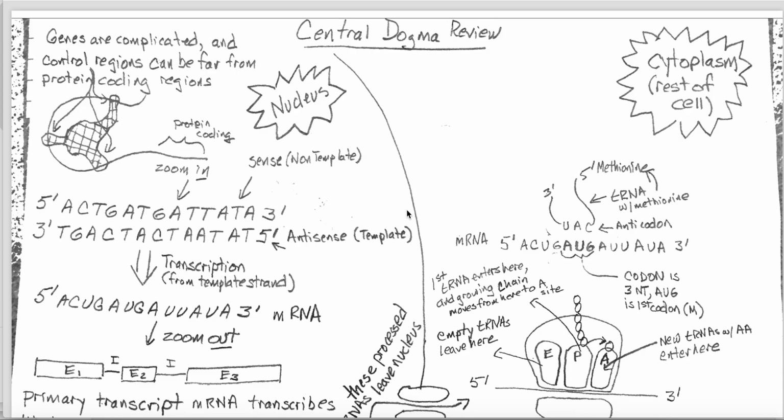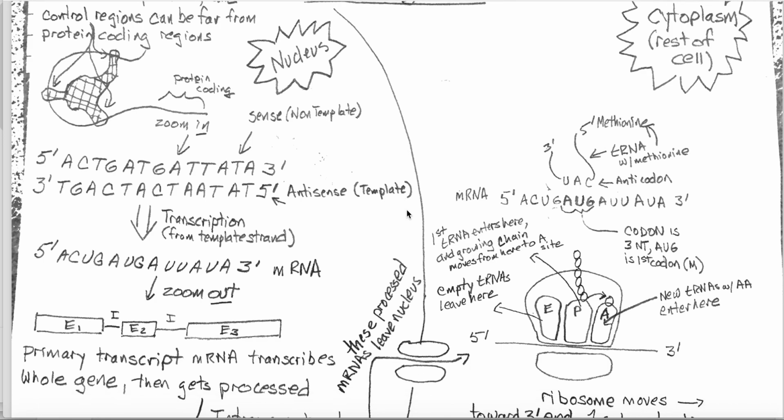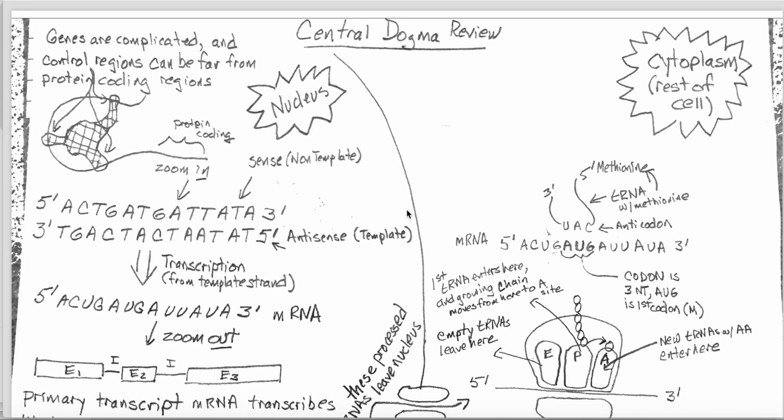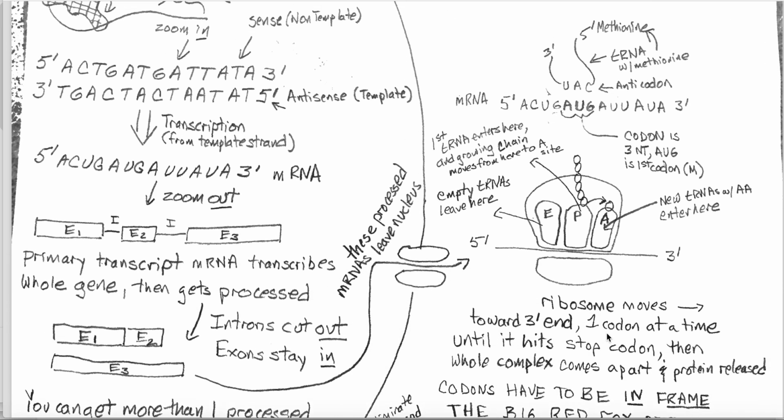Eukaryotes have a nucleus. Prokaryotes don't. Bacteria don't have a nucleus. And we're going to be talking mostly about how things work in eukaryotes. So here's the edge of the nucleus, and this whole thing here is considered a cell.